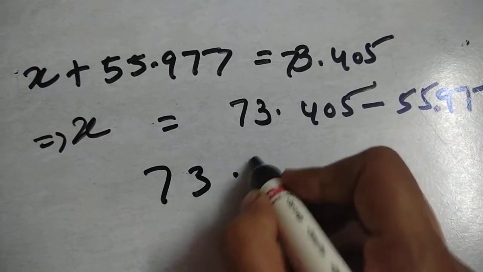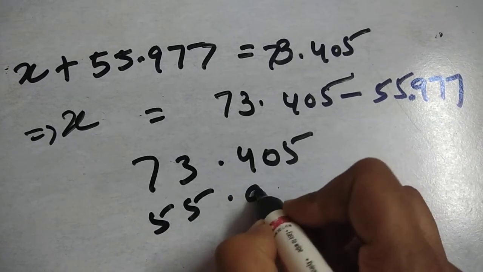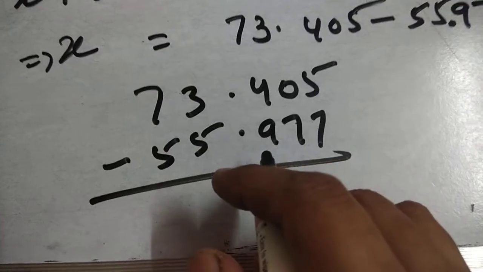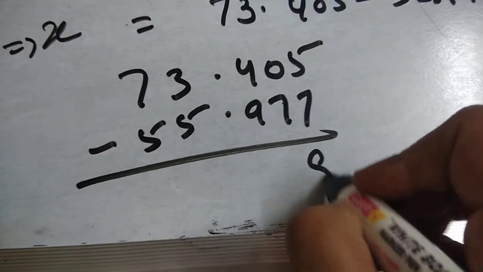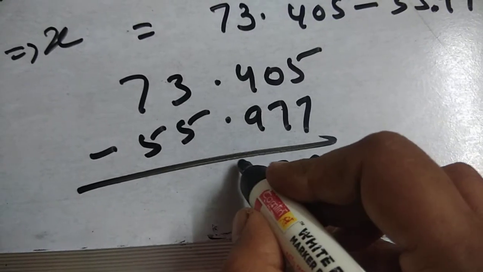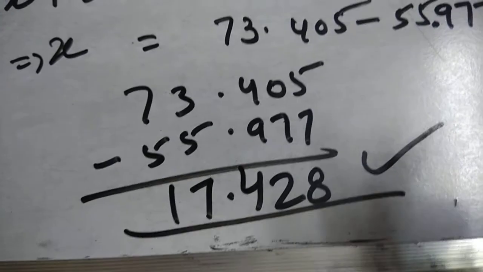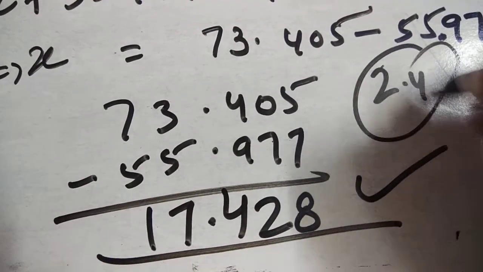So if we subtract this value from this, then it becomes this. Then 15 minus 7, this is your answer. So this is your 2.4 exercise.